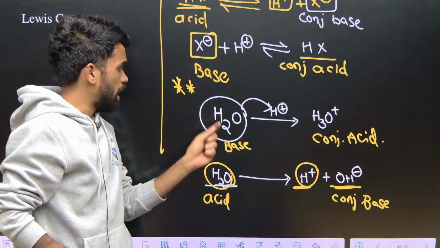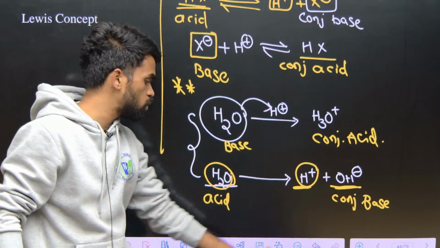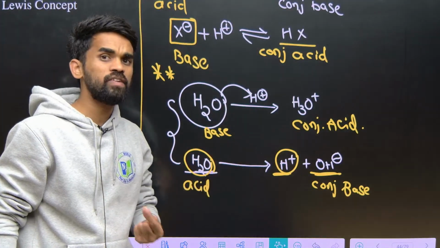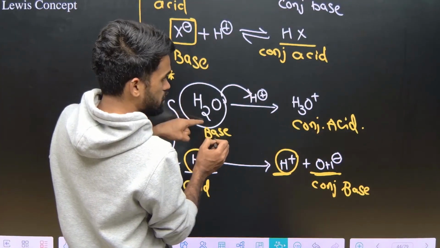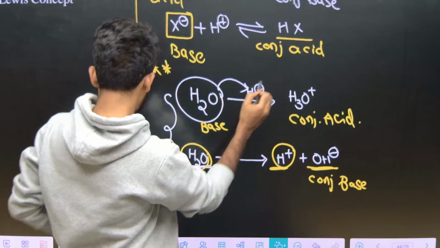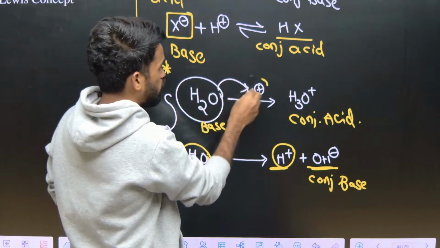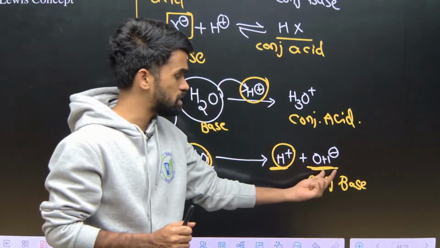Now by looking at these two reactions, you can give one generalized statement: an acid base pair will differ by one proton. If this is an acid and this is a base, conjugate acid, how do they differ? They differ by one H plus ion in their molecular formula. Similarly, if this is an acid, the conjugate base is formed here.